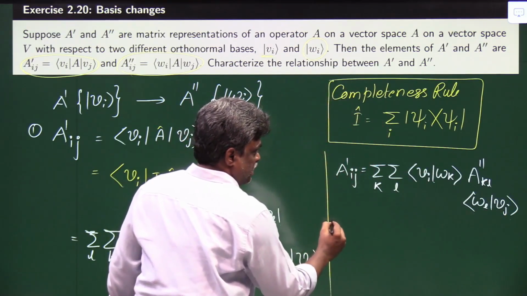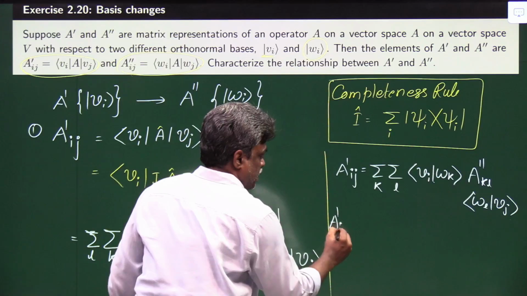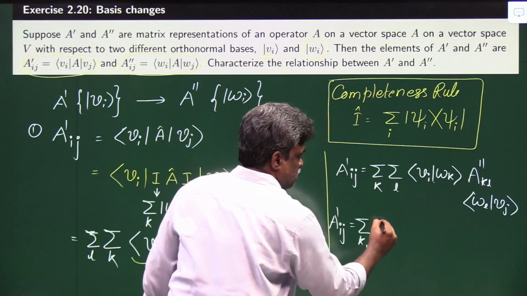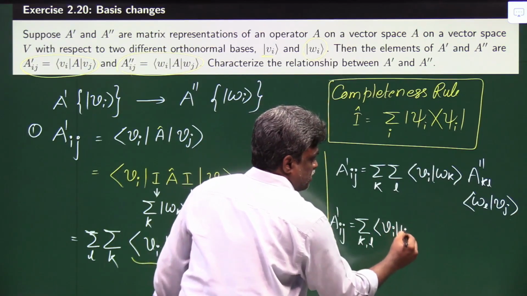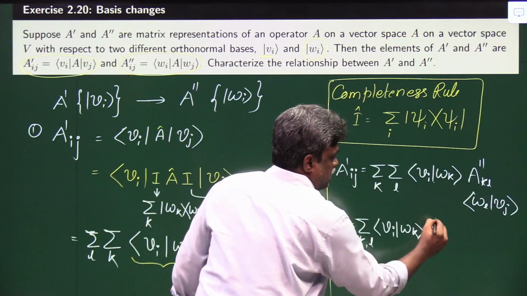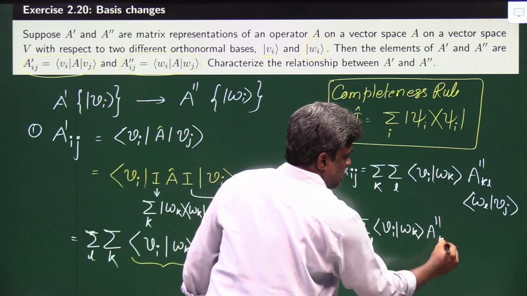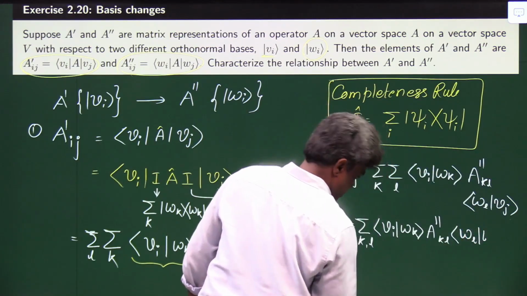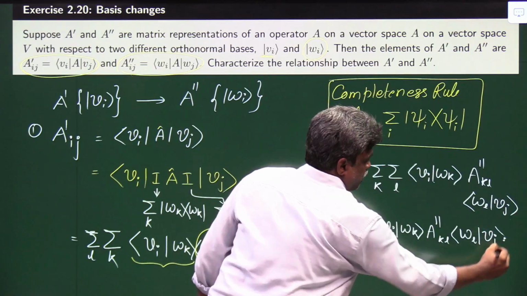So finally we can write A prime Ij equal to summation KL, Vi Wk A double prime KL, WL Vj.